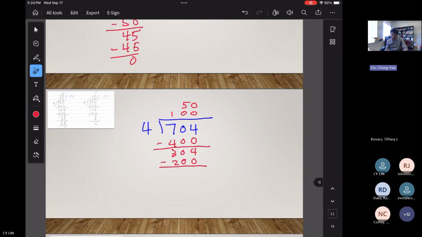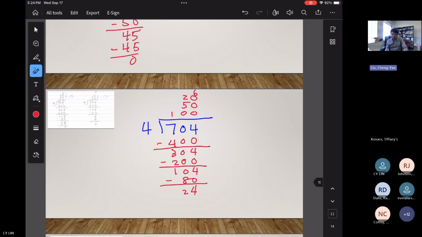Subtract this, 104. Next, I would do 20, and therefore I would get 80. Subtract this, I got 24.